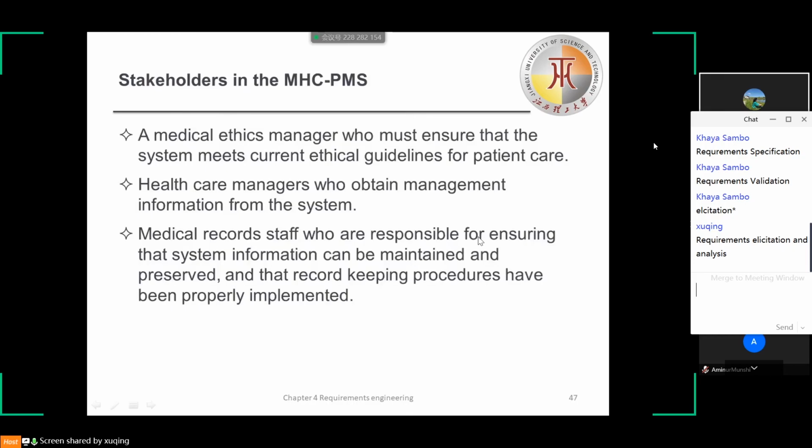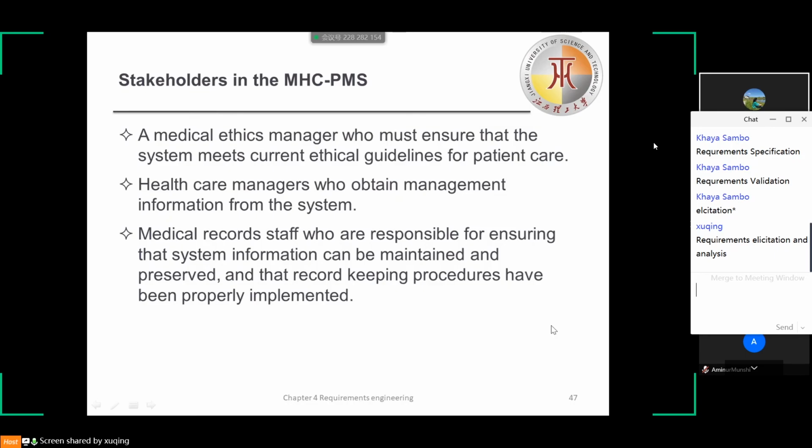As we have seen before, in addition to these system stakeholders, requirements may also come from the application domain and from other systems that interact with the system to be specified. All these different sources of information should be considered during the requirements elicitation process.